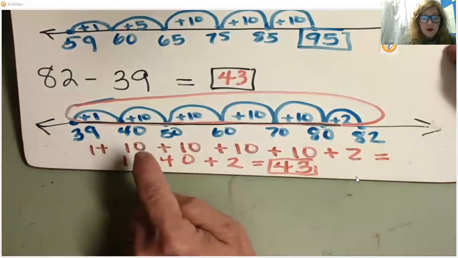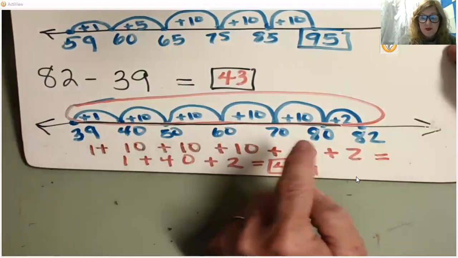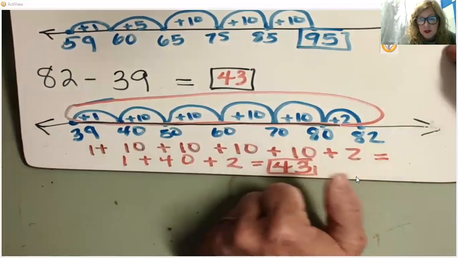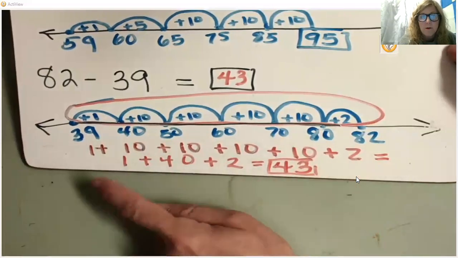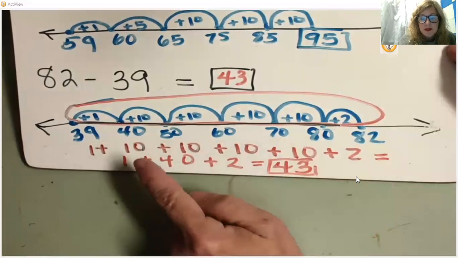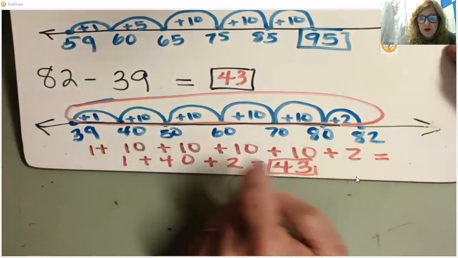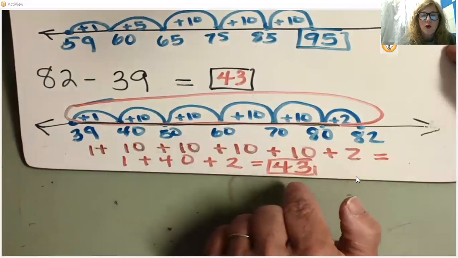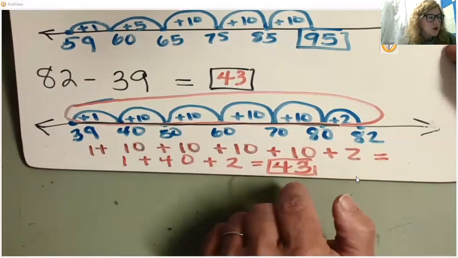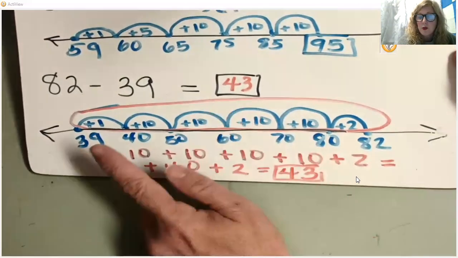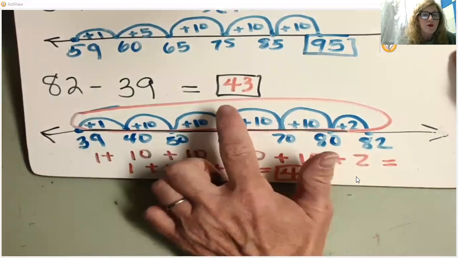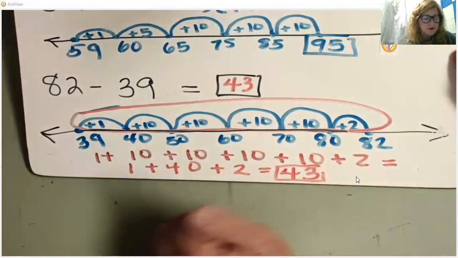We have the 1 plus 10 plus 10 plus 10 plus 10 plus 2. Now you can probably do those mentally, but I wanted to spell it out here. So that's the 1 plus all these 10s, 10, 20, 30, 40, plus the 2 equals 43. So your answer, however you broke it apart, or even if you went backwards, should be 43.